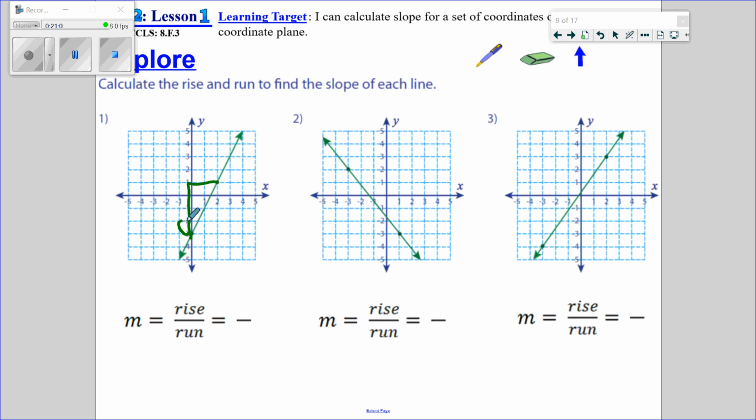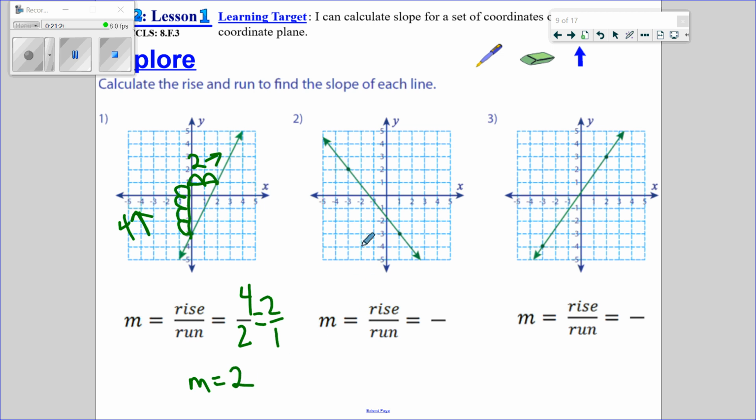So it's 1, 2, 3, 4. I went up 4. My run is 2 to the right. So I went up 4, and I went 2 to the right, which reduces to 2 over 1, or we can write our slope is 2.